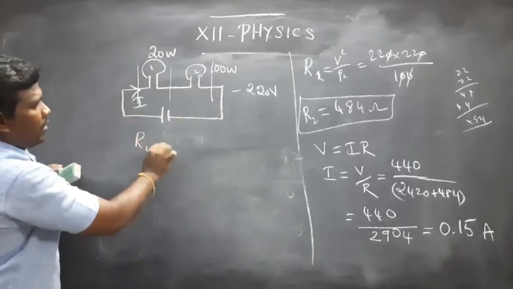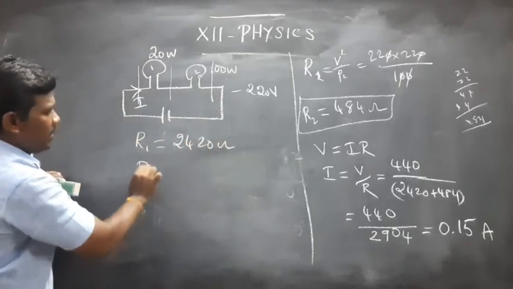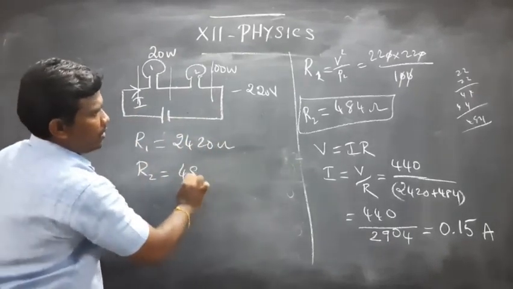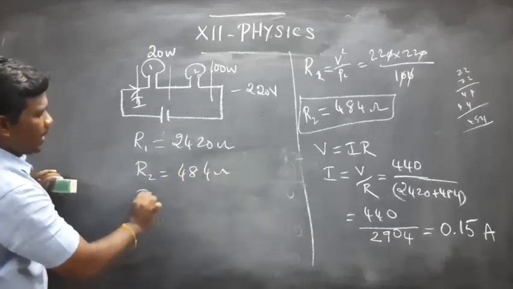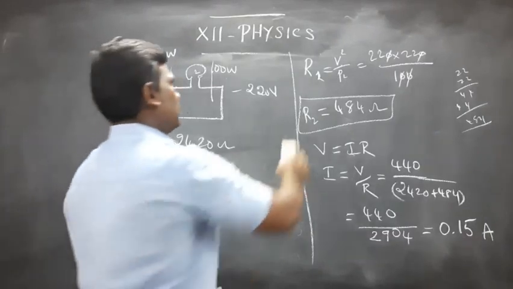I write the values here: R1 is 2420 ohm, R2 is 484 ohm, and the current is approximately 0.15 ampere.